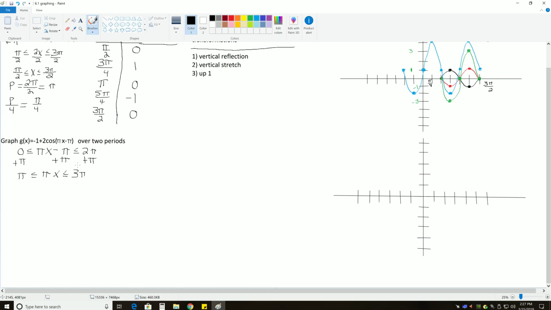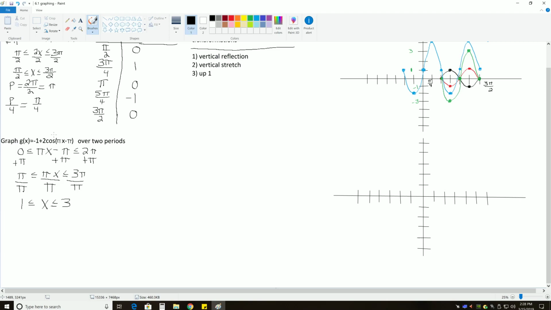Now from here, we want to then divide all three of these by pi, which ends up giving us pi divided by pi, which is just 1, is less than or equal to x, which is less than or equal to 3. 3 pi over pi gives us 3.